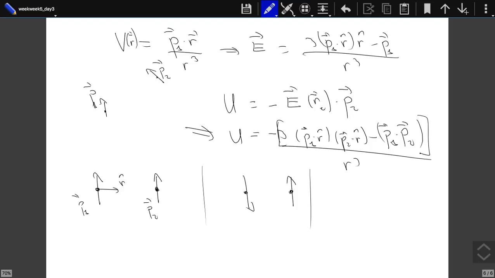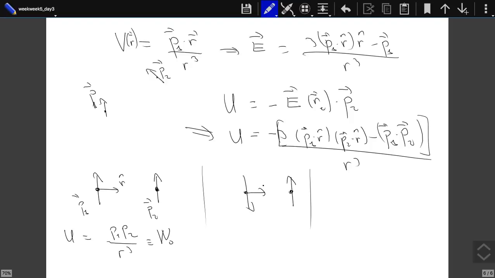It's just the product of the magnitudes, they are pointing in the same direction. So U is equal to P1 times P2 in product of the magnitudes divided by R cubed. Let's just call it omega 0. Just a name.